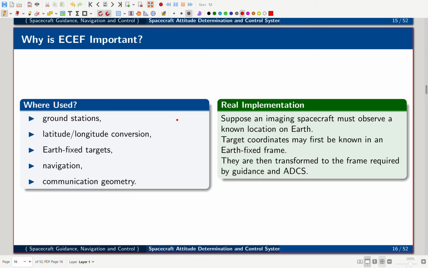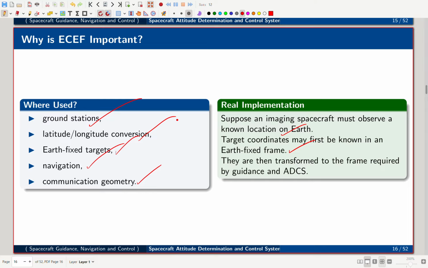So why is ECEF important? Because it is used, let us say, for ground stations, latitude-longitude conversion, Earth-fixed targets, navigation, and communication geometry, and we are going to use it in real implementation. Suppose an imaging spacecraft must observe a known location on Earth.